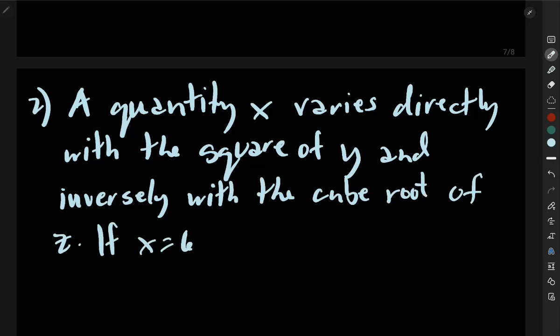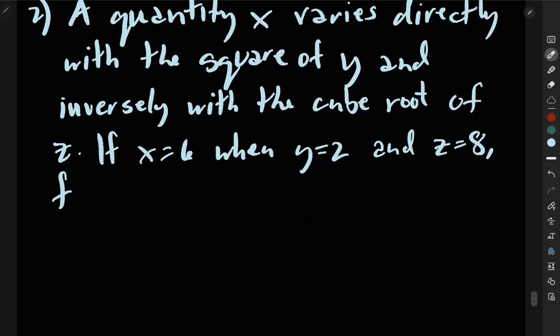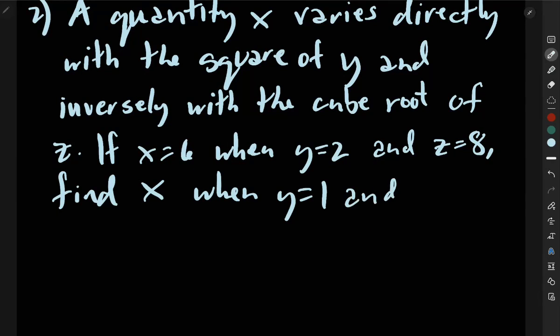If X equals 6 when Y equals 2 and Z equals 8, find X when Y equals 1 and Z equals 27.